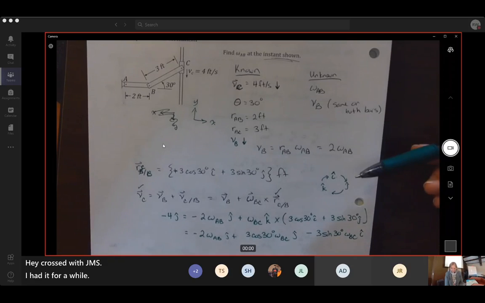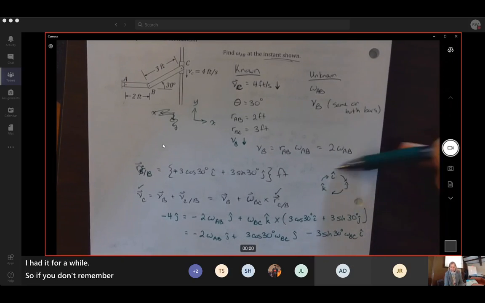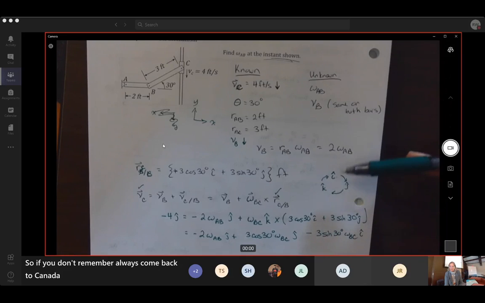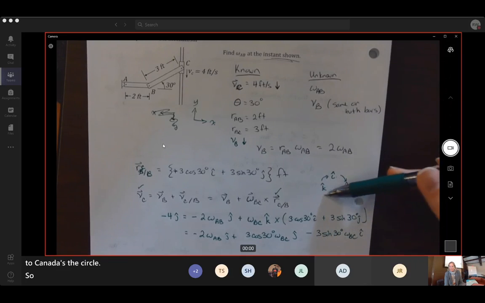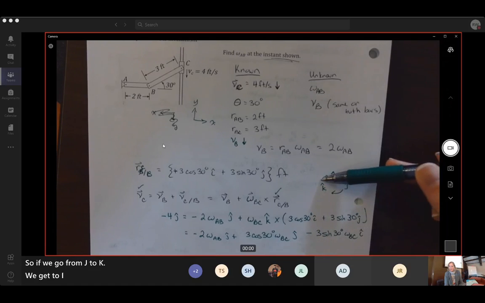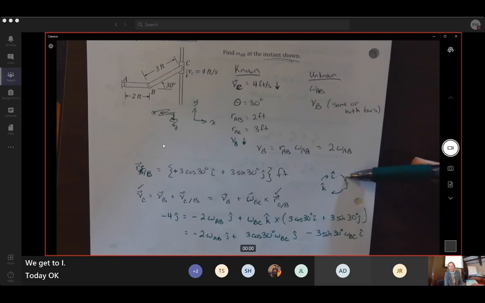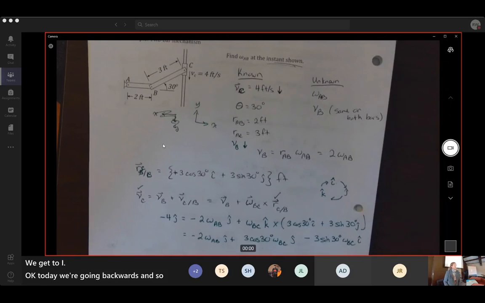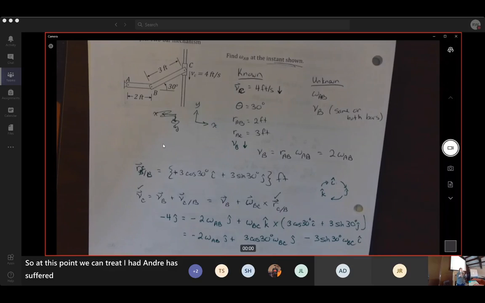So if you don't remember, always come back to this circle. If we go from j to k, we get to i. If we go k to j, we're going backwards, and so we need a negative i. Okay. So at this point, we can treat i hat and j hat as separate and independent of one another.